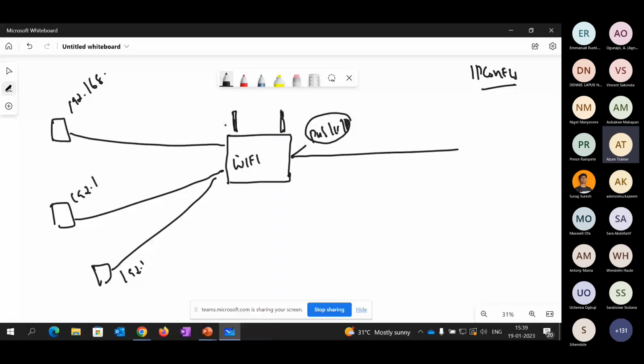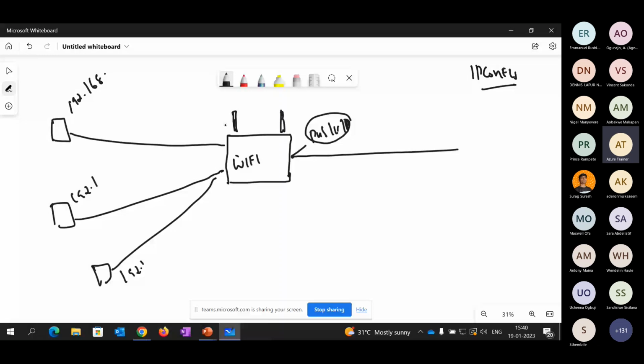Now, can you click on a link here? I'm pasting one link on the chat window. Can you click on that link and type what IP address you are getting? I just pasted one URL link on the chat. Can you post it on the chat?